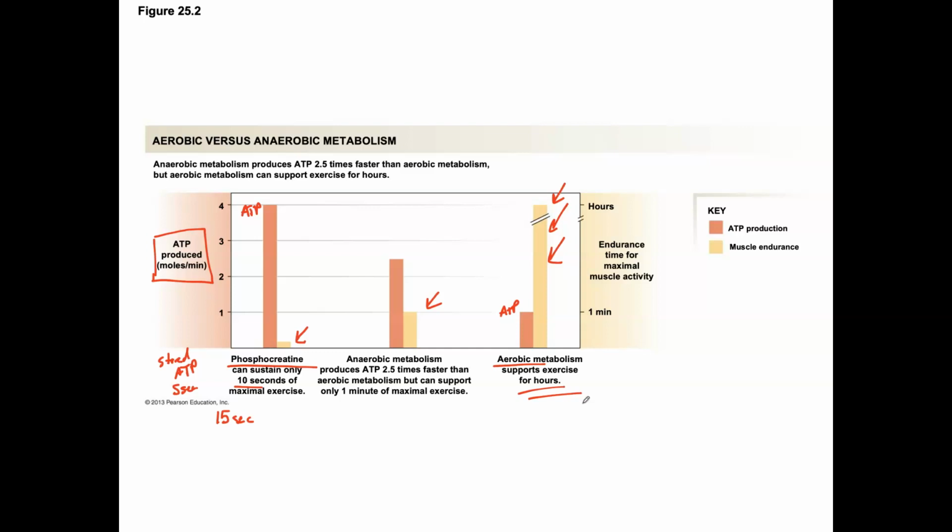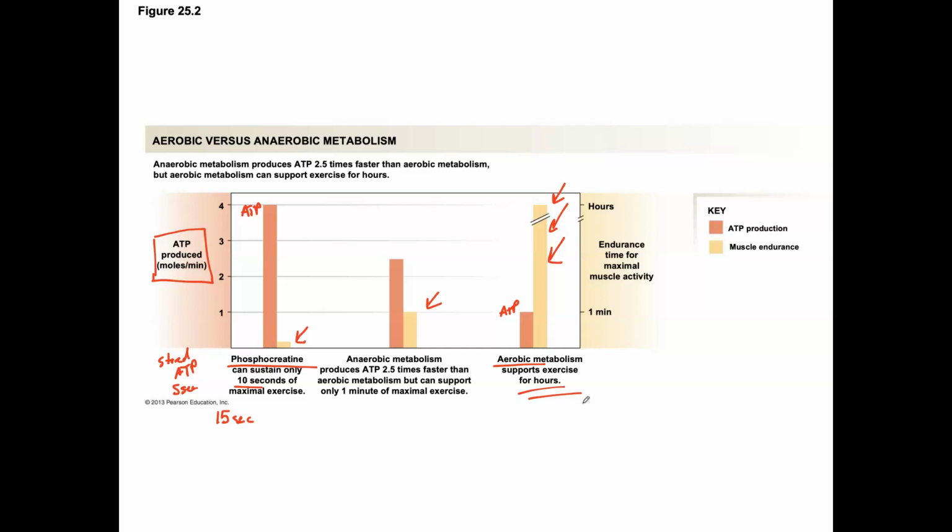The aerobic metabolism, because it can use both glucose and fatty acids for ATP production, allows for moderate intensity exercise to be maintained for long periods of time.